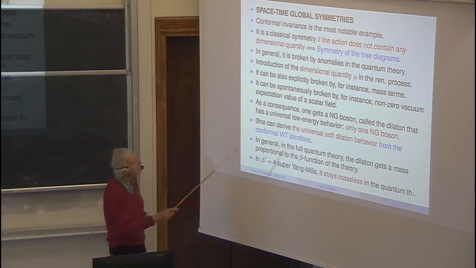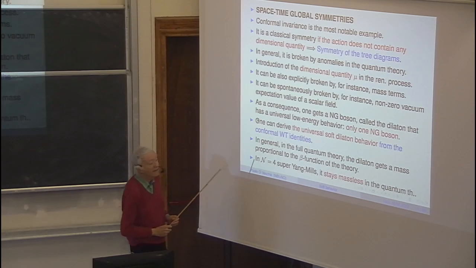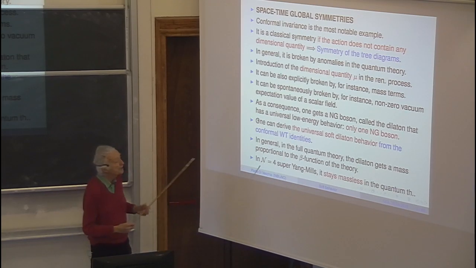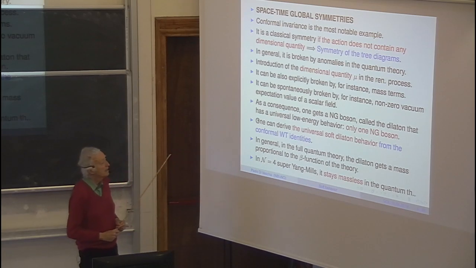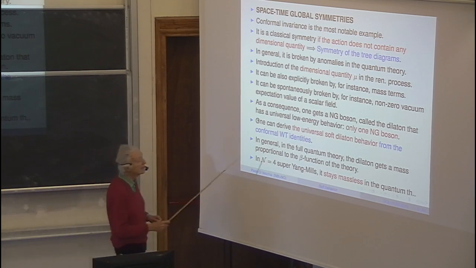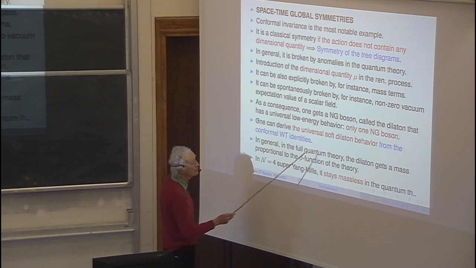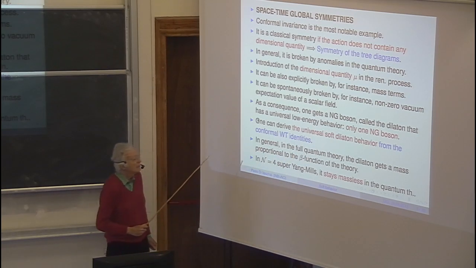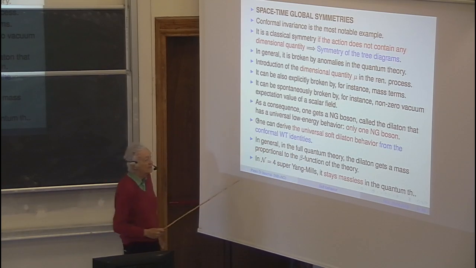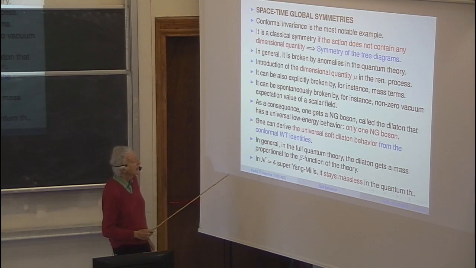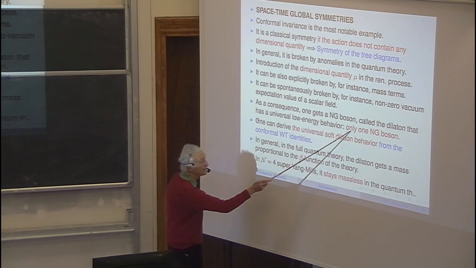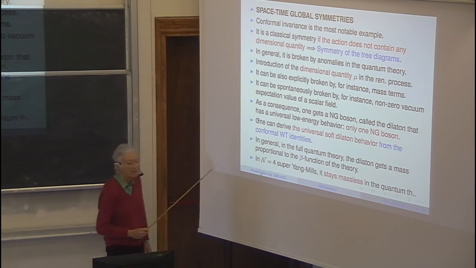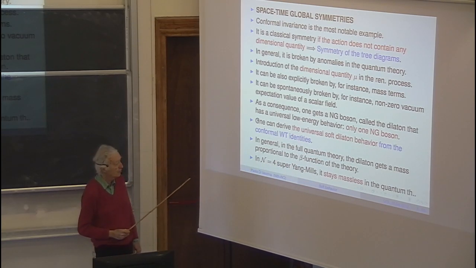But if you don't have explicit breaking, if you give a vacuum expectation value to some field, a scalar field for instance, then you also get here a unique Goldstone boson, which is called the dilaton, which has also a universal low energy behavior. And although you break 5 generators, you get in this case, since it's a space-time symmetry, only one Nambu-Goldstone boson.